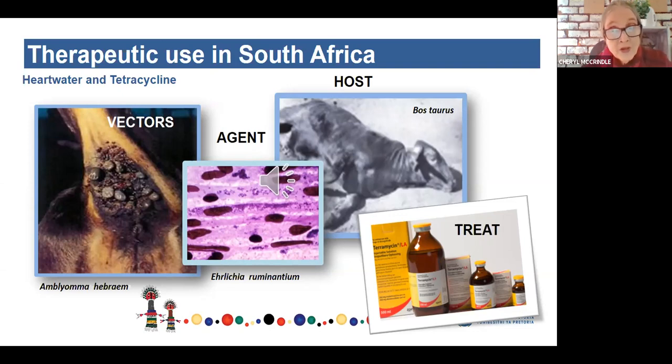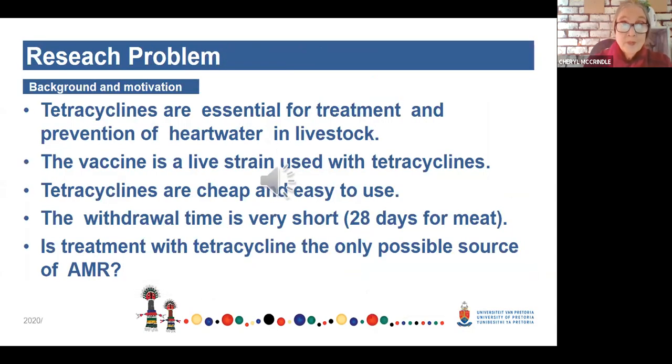We need to use tetracycline to treat the animals, but it's also useful for the vaccine, which is a live vaccine, and we have to actually treat them with tetracycline to block the reaction of the pathogen so that they can become immune. And that's what I've just said here. This became our research problem. Tetracyclines are essential for the treatment and prevention of heartwater in livestock, even for vaccination. They are very cheap and very easy to use, and the withdrawal time is very short.